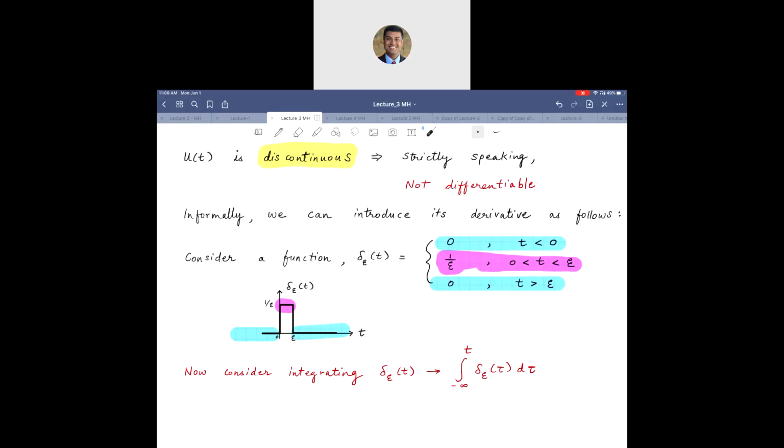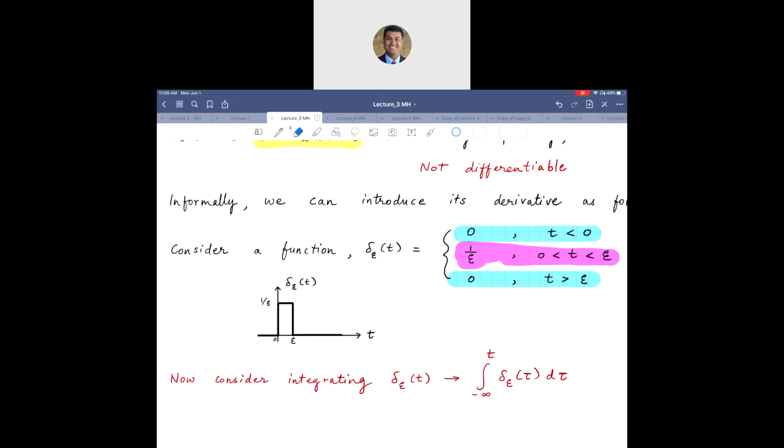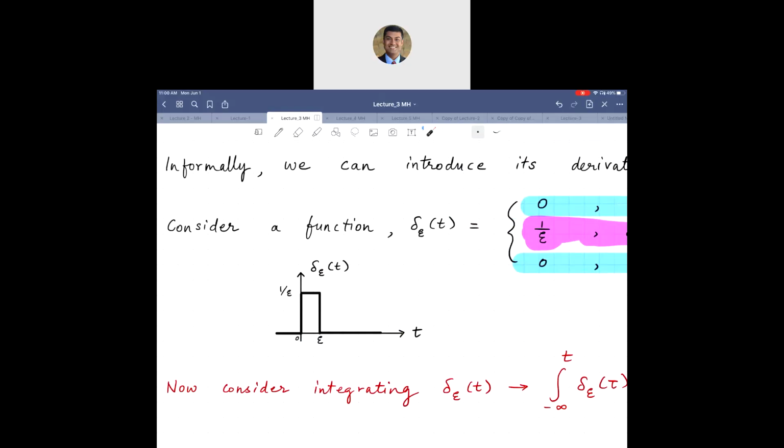So we are introducing this function delta sub epsilon of t, some gate-like function here. Let's start integrating this function. When you integrate it, what happens? Work with me over here. I'm going to erase these and move slightly from left to right. It is 0, 0, 0, and then between 0 and epsilon, the area is going to increase.